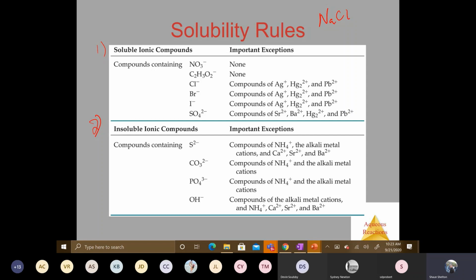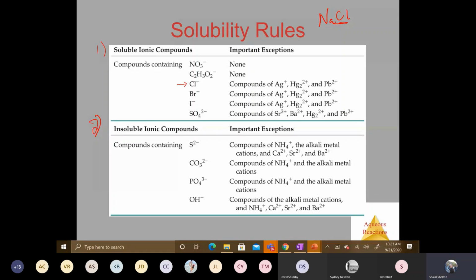If we look at NaCl, because that's the one we're so comfortable with, if you put sodium chloride in the water, it dissolves. Easy enough, right? Well, if we look at the solubility rules, we'll understand why. We have to look at the anion, the negatively charged part. So it's the chloride. Chloride is found in group 1, meaning that all chlorides are soluble, meaning that all chlorides are going to dissolve into water.